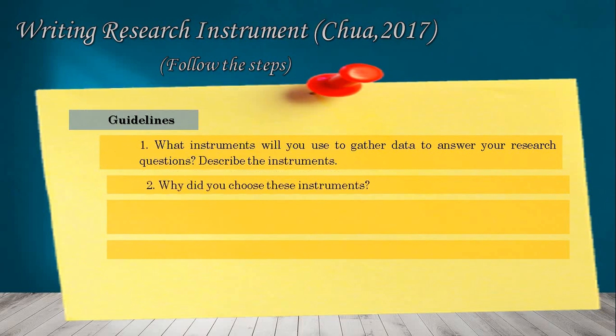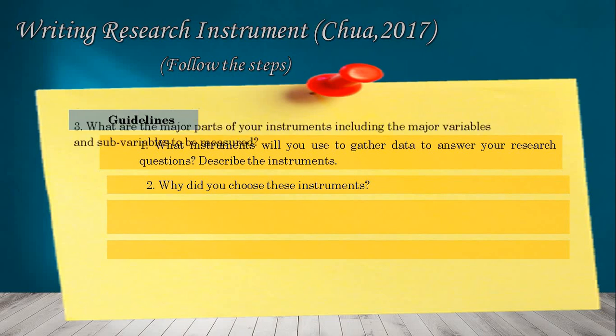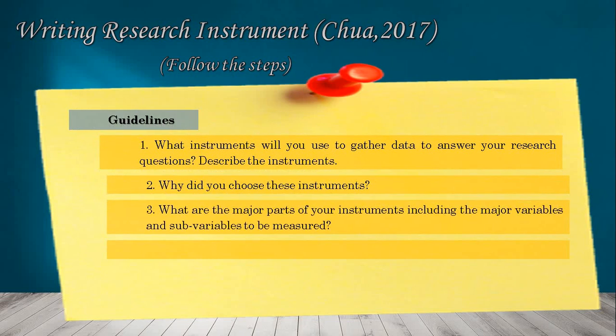Second, why did you choose this instrument? The researcher will explain this. Third, what are the major parts of your instruments, including the major variables and sub-variables to be measured? Fourth, what rating scale will you use? Yung rating scale, ito yung merong measurement ng bawat legends.